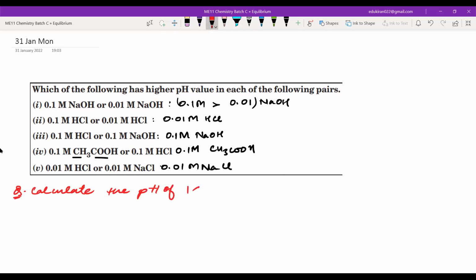Calculate the pH of 1 into 10 to the power minus 8 molar HCl solution. Chaliye, solve this and let me know if you are done.